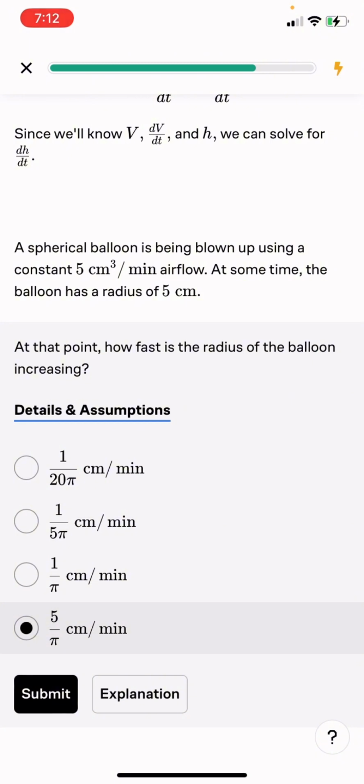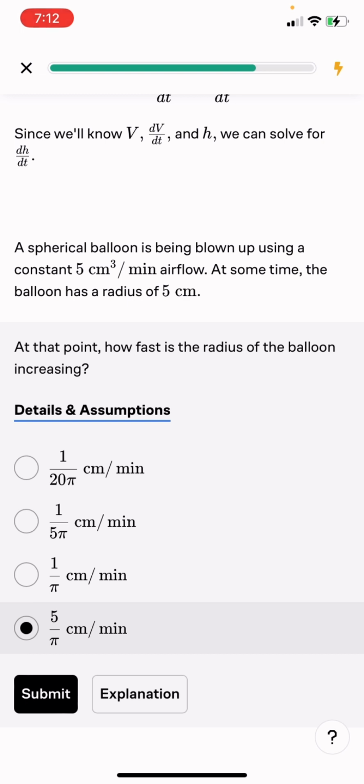I really don't know. I feel like it wouldn't be 1 over pi centimeters a minute. It just doesn't feel like it would make any sense.